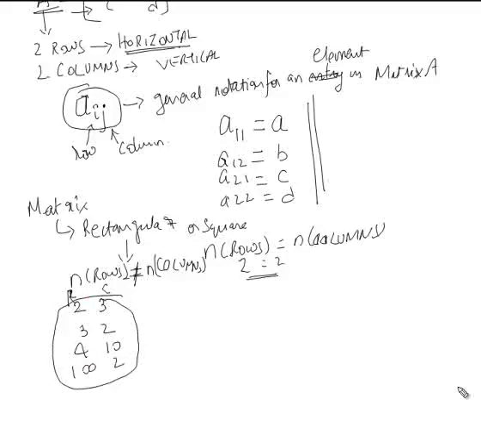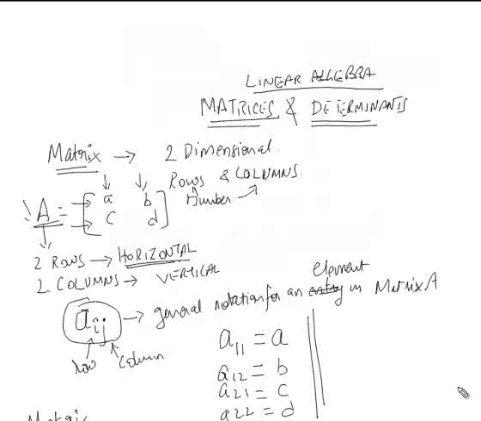So a matrix is denoted like a 2 cross 3 matrix, which means the number of rows cross the number of columns. So our example A is a 2 cross 2 matrix.